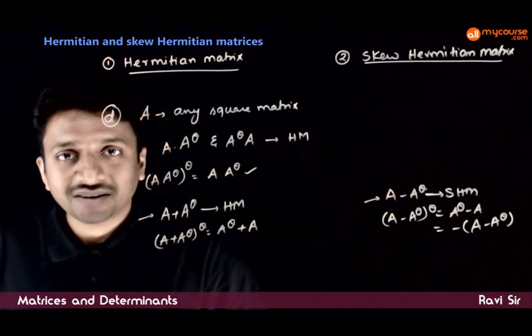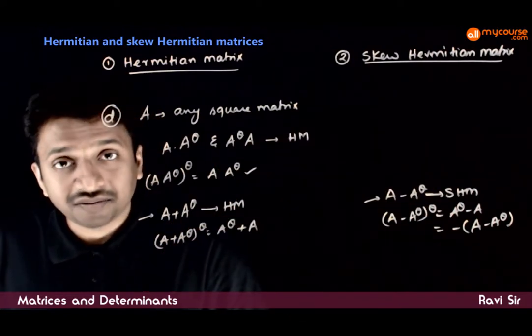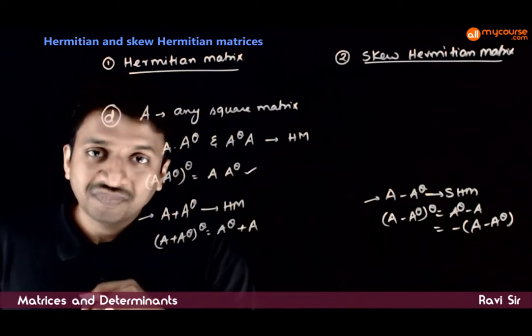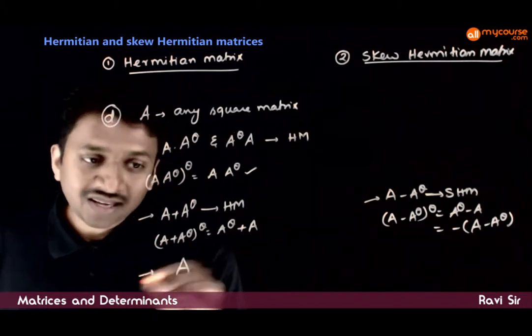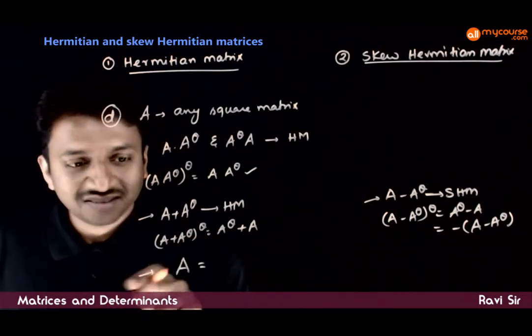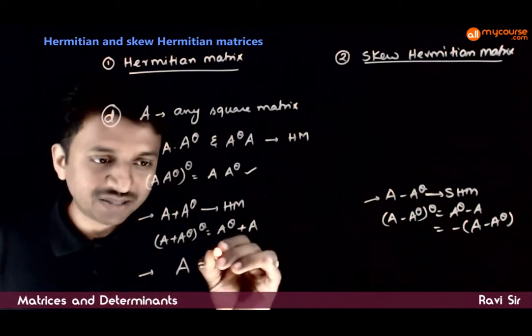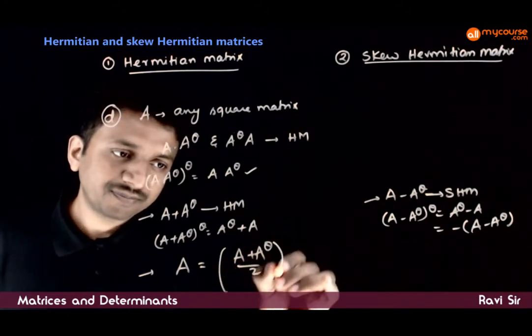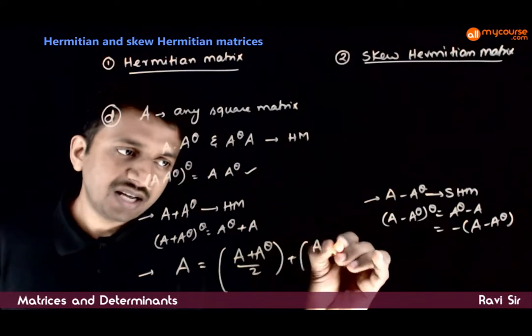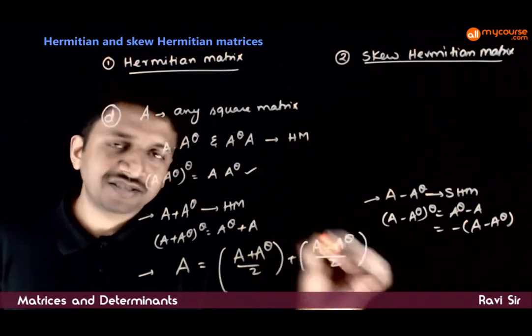So for any square matrix, A plus A theta is a Hermitian matrix, A minus A theta is a skew Hermitian matrix. Now, using this property, every matrix A can be expressed as a sum of a Hermitian and a skew Hermitian matrix.